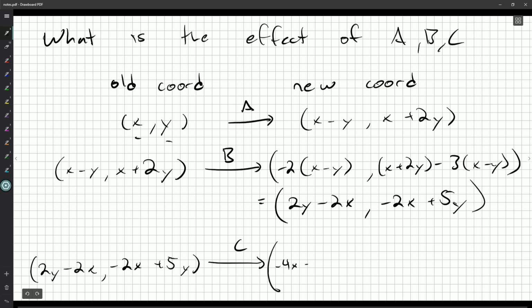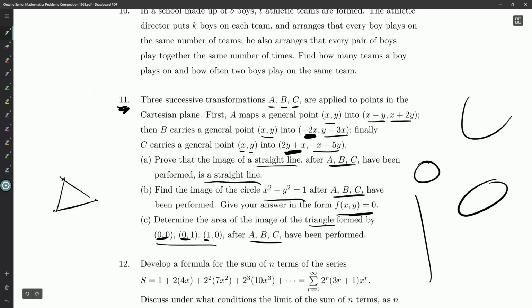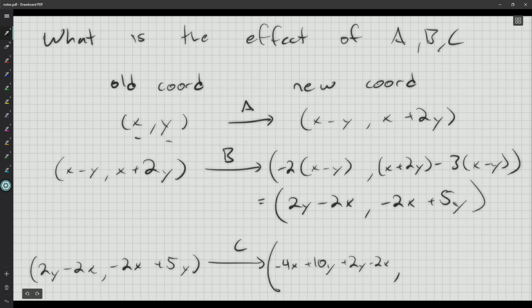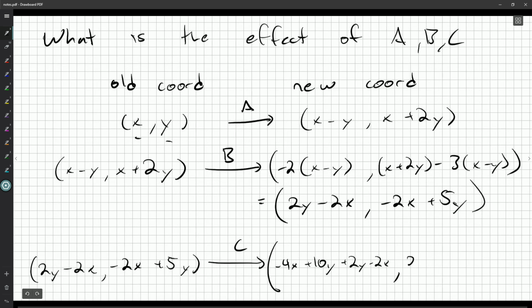So minus 4x plus 10y, and then plus 2y minus 2x. Double the y, add x, and then minus x minus 5y. So that'll be plus 10x minus 25y.